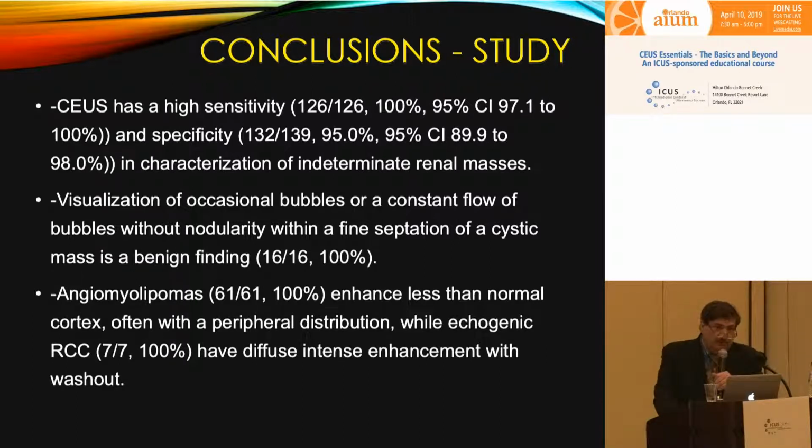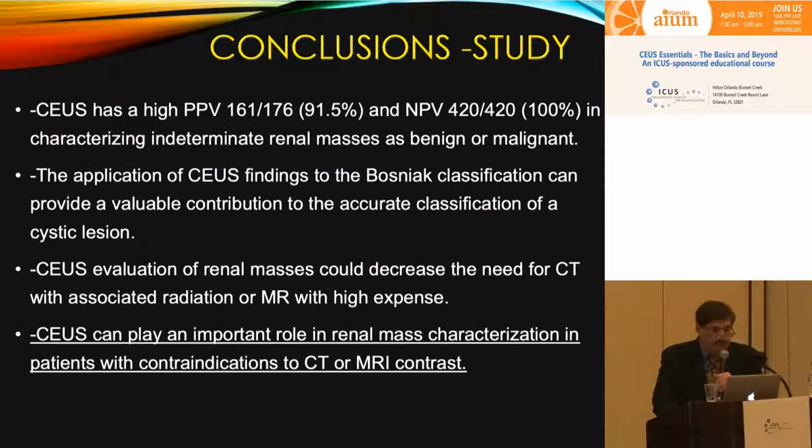And again, we've been able to distinguish angiomyolipomas from echogenic renal cell carcinomas with a pretty high accuracy just based on the enhancement pattern. The renal cell carcinomas are markedly enhancing, usually relatively uniform, while angiomyolipomas do not enhance as much as the renal cortex and often have areas that don't enhance, which are the fatty components.